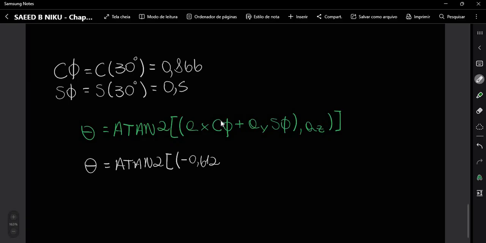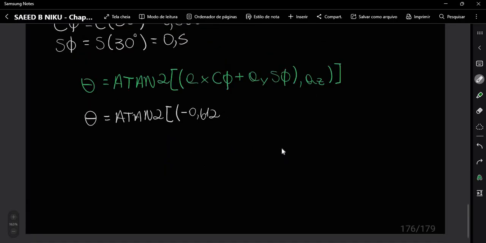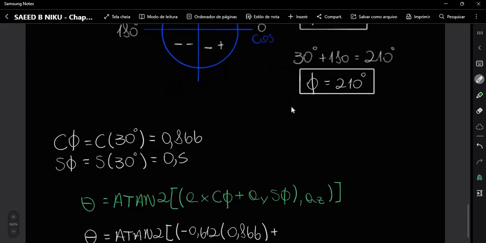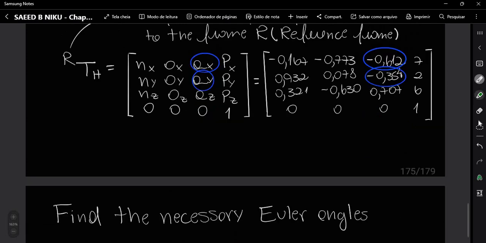So let's continue with the solution. So now y, I forgot to multiply 0.866, and now ay, again, this value, these elements.